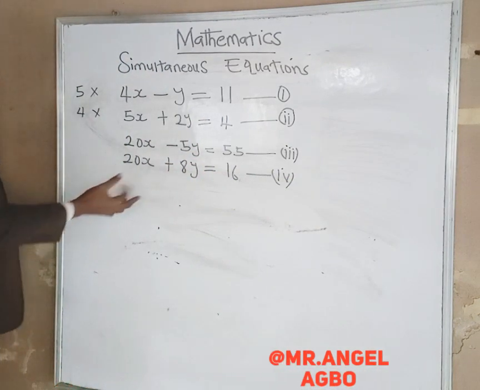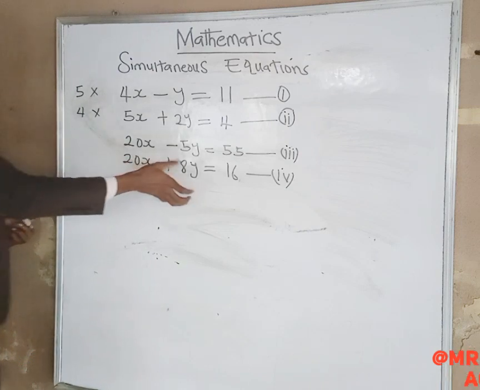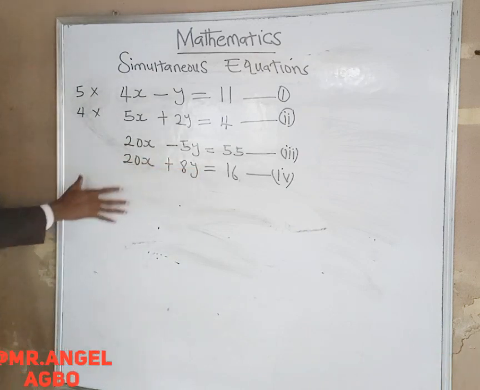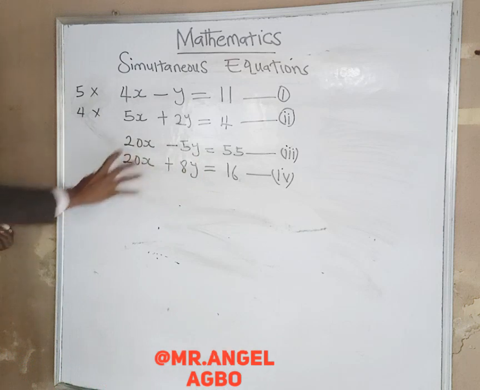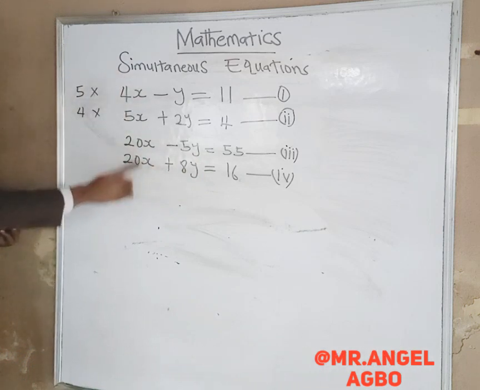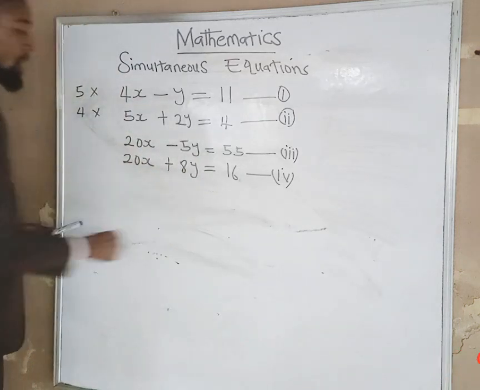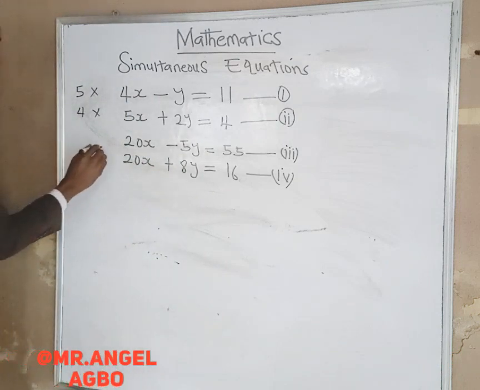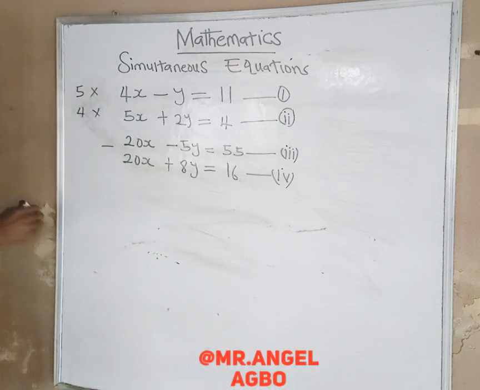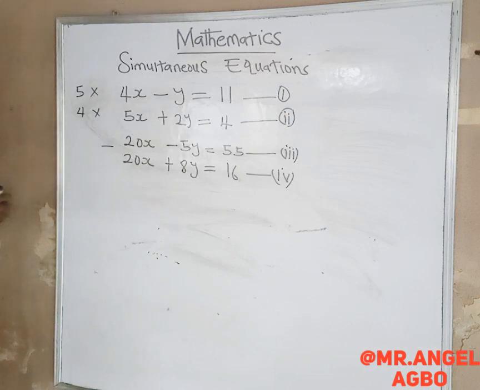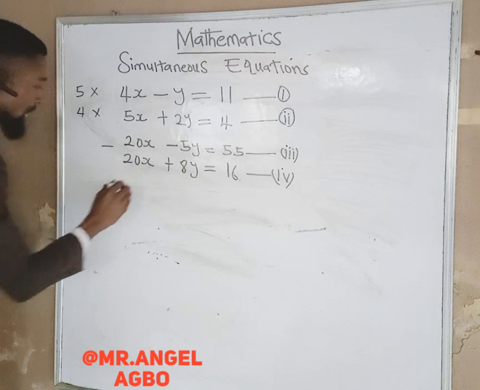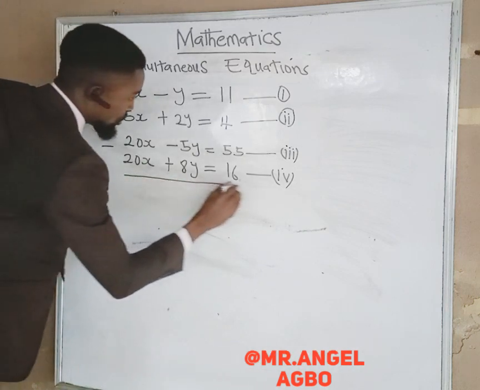I told you that we are going to eliminate either x or y first. But looking at these equations, it's easy to eliminate x because 20 minus 20 is already equal to 0. So we subtract equation 3 from equation 4. So 20 minus 20 is already 0. So we draw a line.